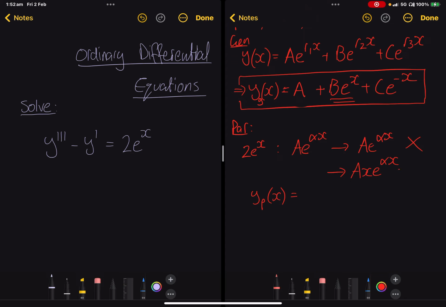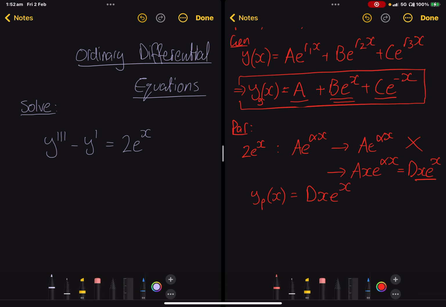Now alpha is of course 1, so this will be a x e to the x, but we already have an a up here, so we'll call this a different variable. We'll call this d x e to the x. x e to the x is not used in any of the terms in the general solution, and so this is a good sign. So our y particular is apparently d x e to the x.